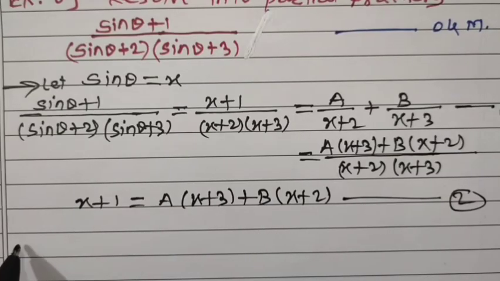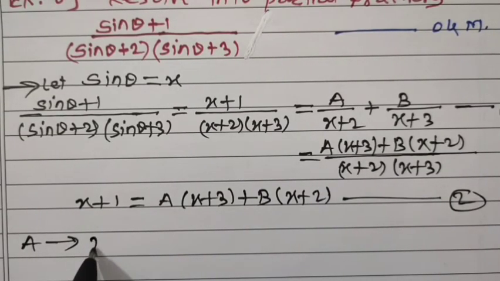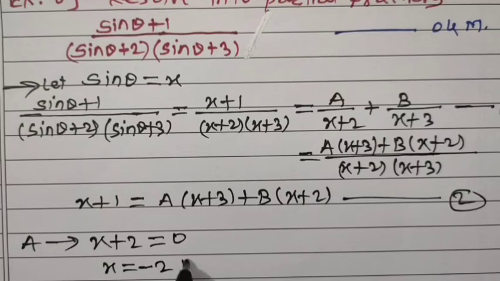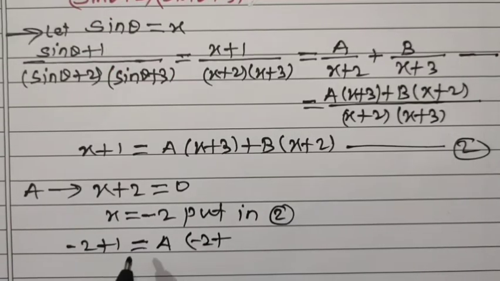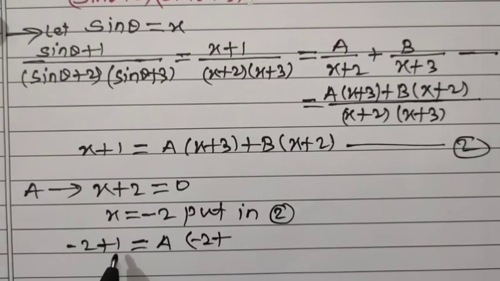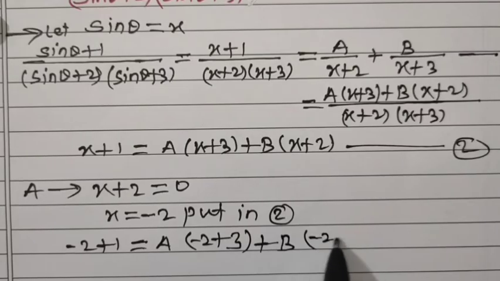To find the value of a, denominator of a is x plus 2. Equate x plus 2 to 0, means x is equal to minus 2. We have to put this value in equation 2. On left hand side, minus 2 plus 1 is equal to a into bracket x is replaced by minus 2 plus this 3 and plus b into minus 2 plus 2.